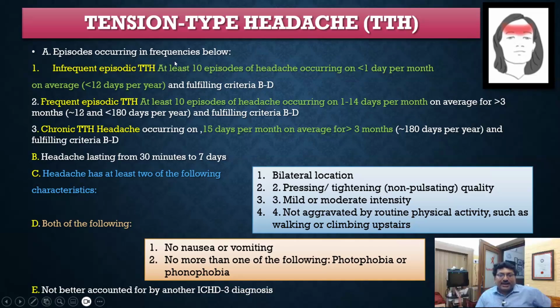The criteria for infrequent episodic is at least 10 episodes of headache, less than 1 day per month, or on average less than 12 days per year.